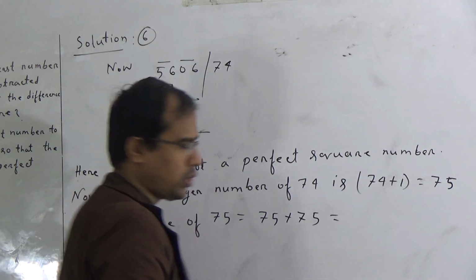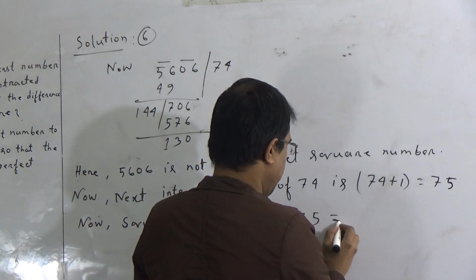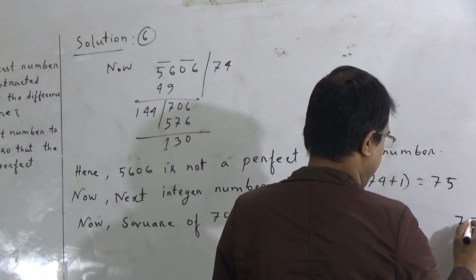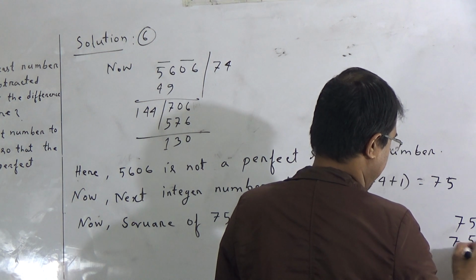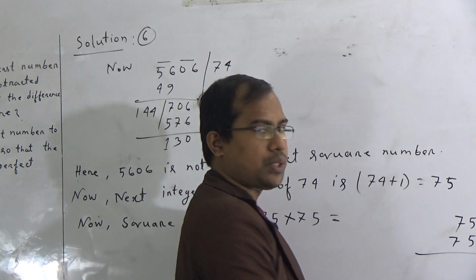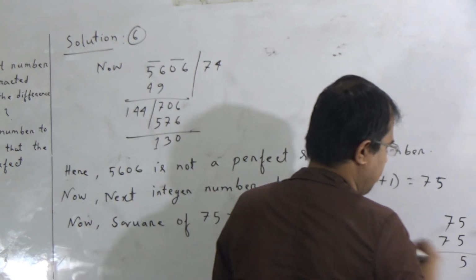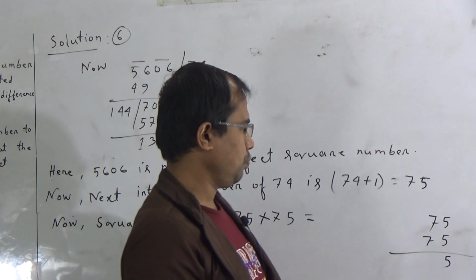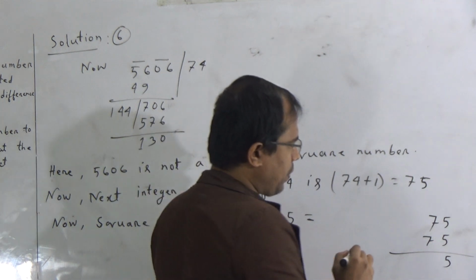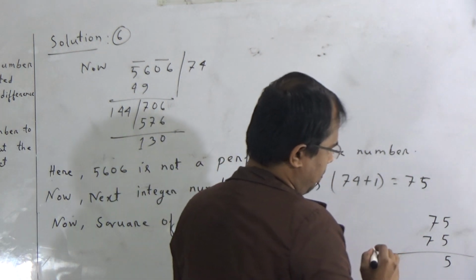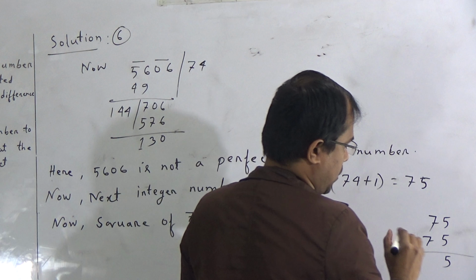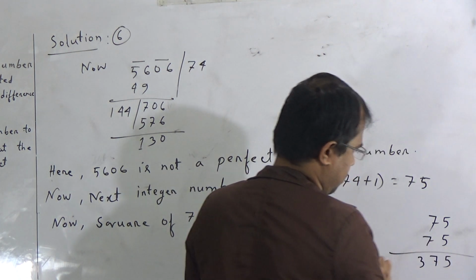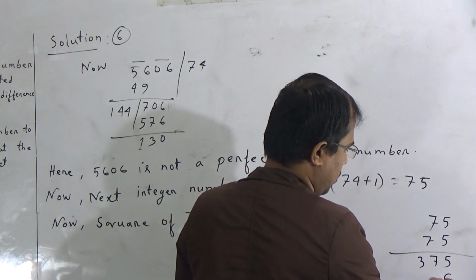This is equal to, we have to multiply 75 with 75. 5 5s are 25, from 25 we will write 5, carrying 2. 7 5s are 35. 35 plus 2 equal to 37. We will take 0 in ones place.